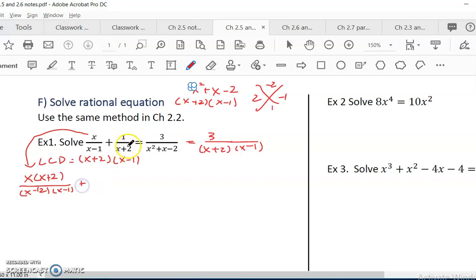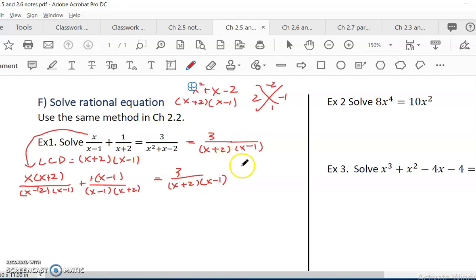And then this one needs to multiply with x minus 1. 1 times x minus 1 over x minus 1, x plus 2. So everyone has the same common denominator, right?